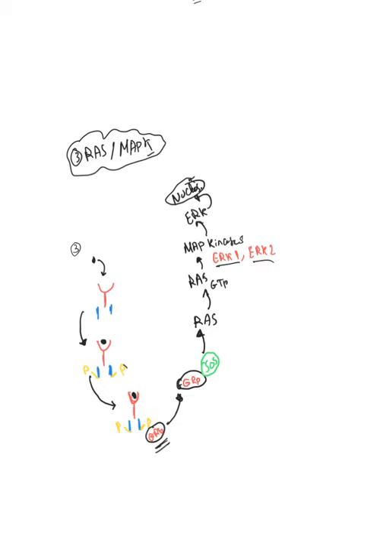It binds on the DNA regulatory sequence and enhances the transcription of this part, and mRNA will be synthesized for this specific gene, and then translation will occur, and then the protein will be synthesized.